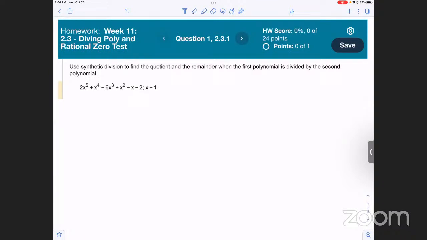So if we're going to do synthetic division here, if we're dividing by x minus 1, the 0 of that needs to go into the chair. So that means 1 goes into the chair. Then we need to write the coefficients, making sure that every power is accounted for. So we're going to have 2, 1, -6, 1, -1, -2.